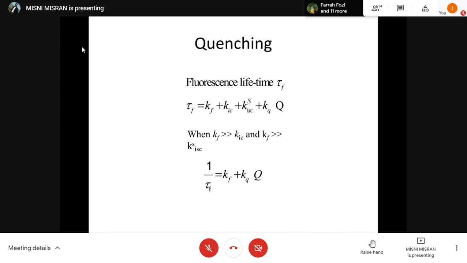So maybe it involves some reaction, for instance. It's almost impossible, but it can occur as well because a reaction may lead to a product. So you lose the intensity or you lose the compound at the same time.